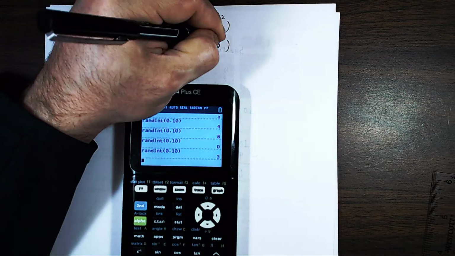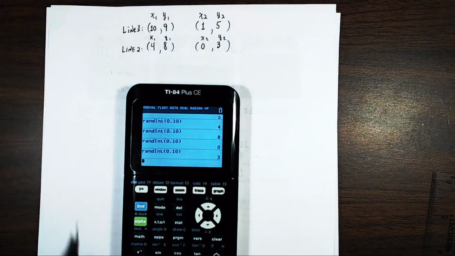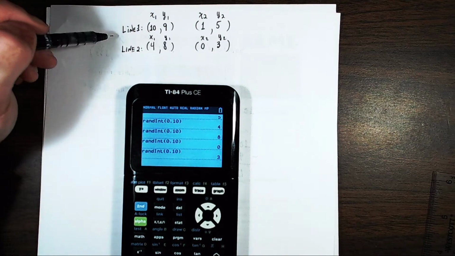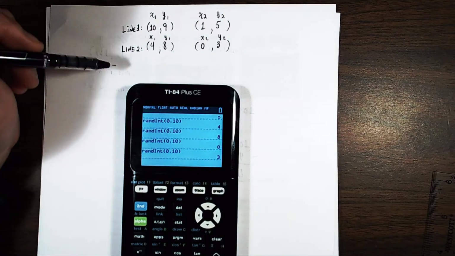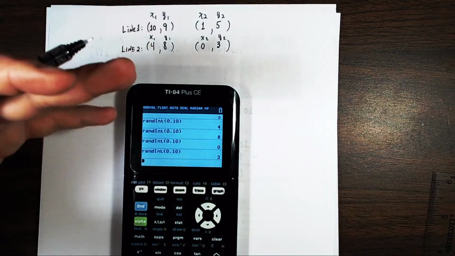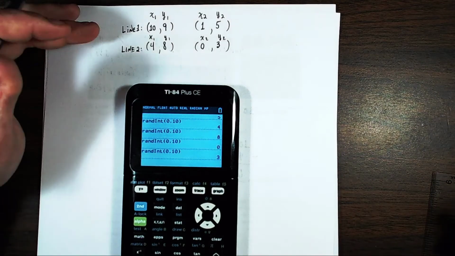Now we're going to take these lines one at a time. And you'll see how by doing this we'll just end up with two lines in slope-intercept form. And that will dovetail with where we started this video.